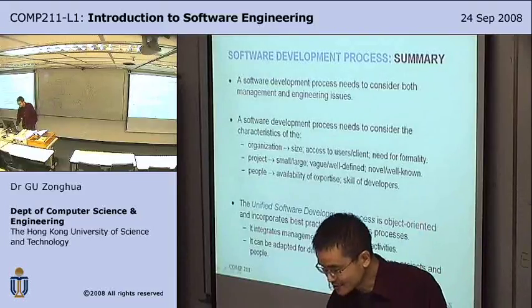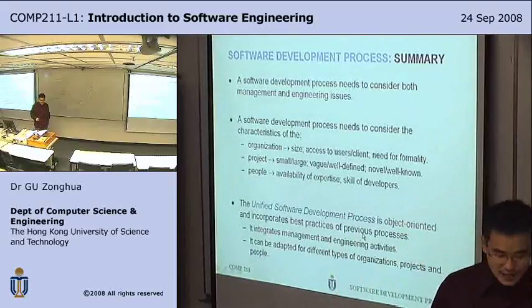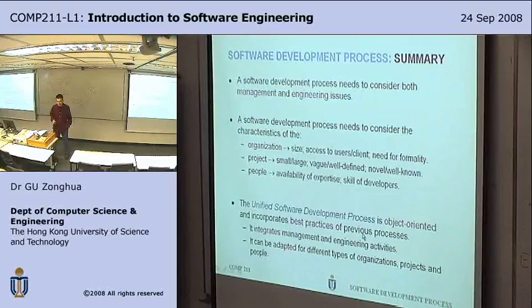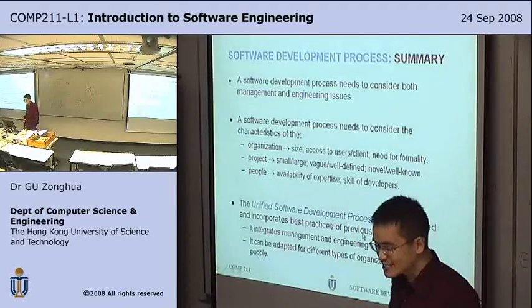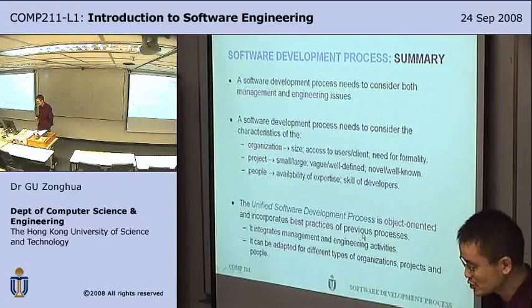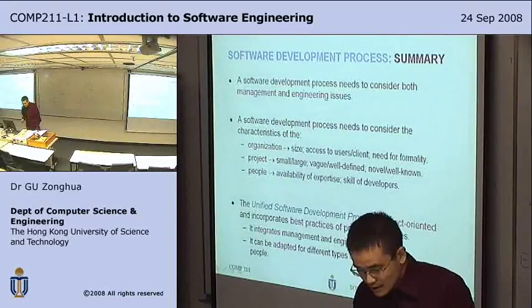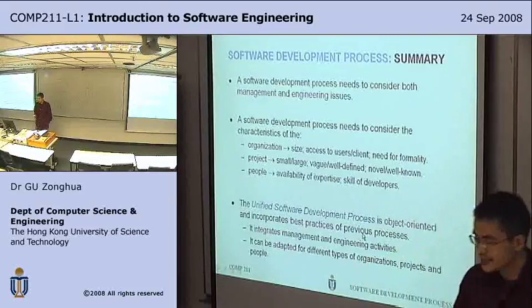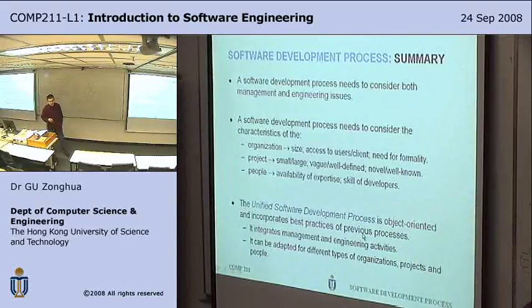So UP is object-oriented. That is, it emphasizes object and class-based design and incorporates best practices of previous processes. It's a blend, a hybrid of the previous processes. It integrates management and engineering activities. That is, at every iteration, you're going through all the engineering workflows.